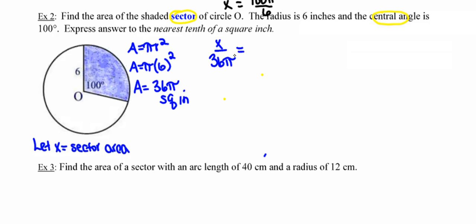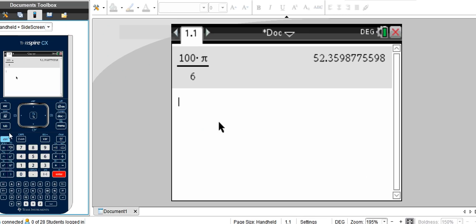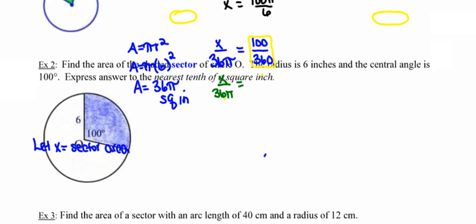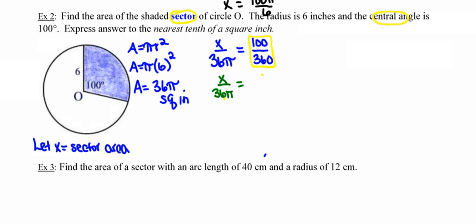The part of the circle that I want to consider is the central angle of 100 degrees over the whole 360. So again, I'm going to simplify this fraction just so that I have numbers that are a little bit more friendly to work with. So x over 36 pi on the left, and when I simplify that 100 over 360, I'm going to do that simply by punching it into my calculator. So it makes it a little nicer to work with. So that ends up being the fraction 5 over 18.